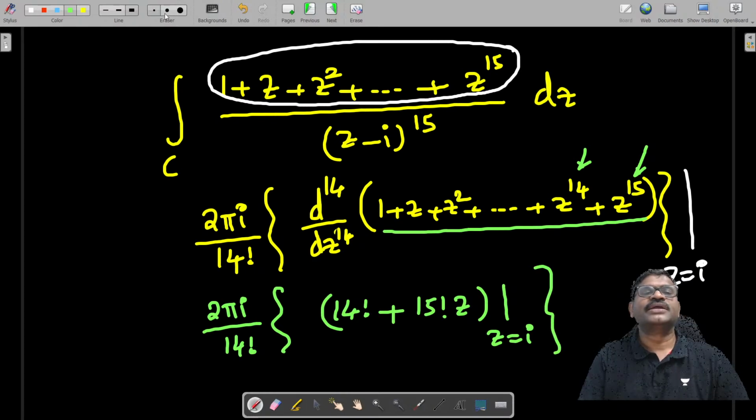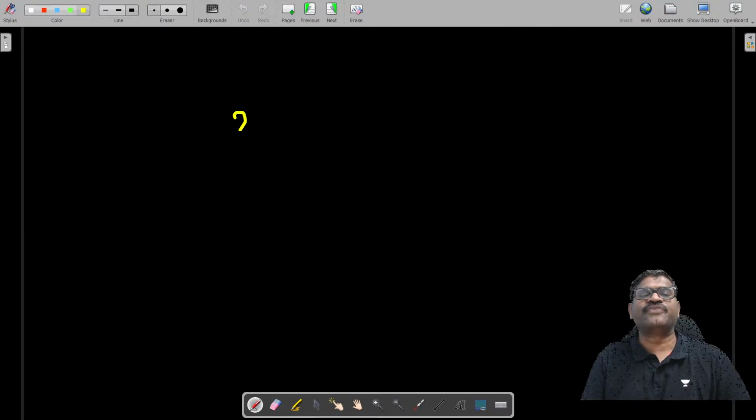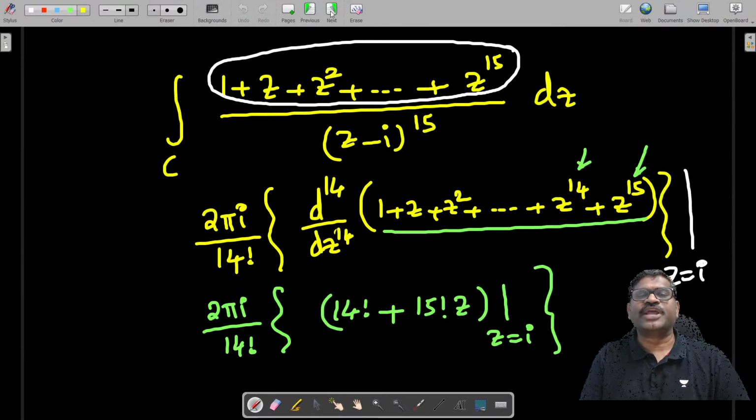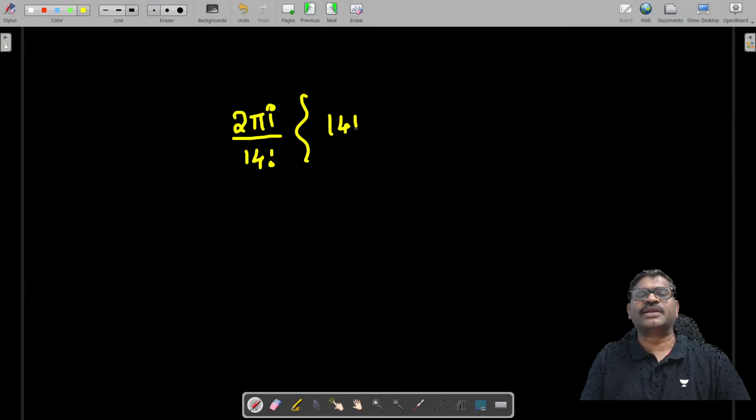2 pi i by 14 factorial. If you take 14 factorial common, 1 plus 15z at z equal to i.